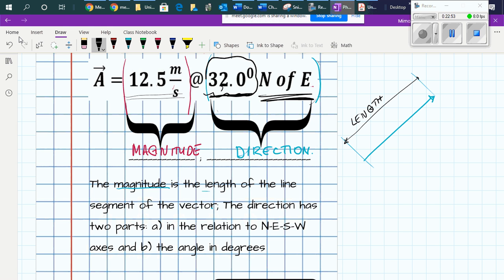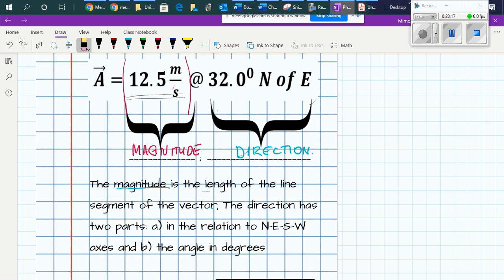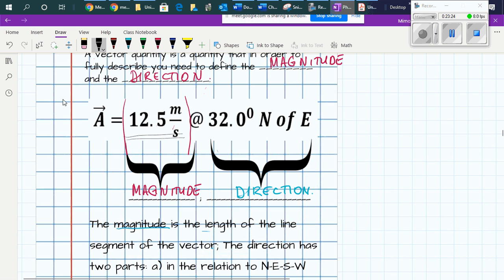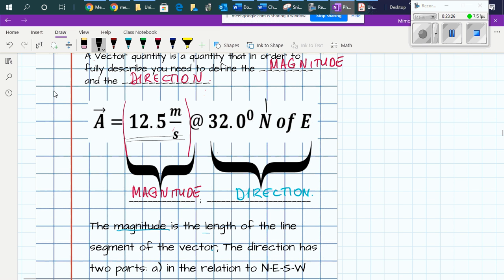Now the natural question will be, okay, how will I know where this vector is lying? Is it northeast? Okay, but is this 32 degrees with north or with east? So in order to know this, you have to ask yourself some questions. The first question that you will ask is, where is the vector going?